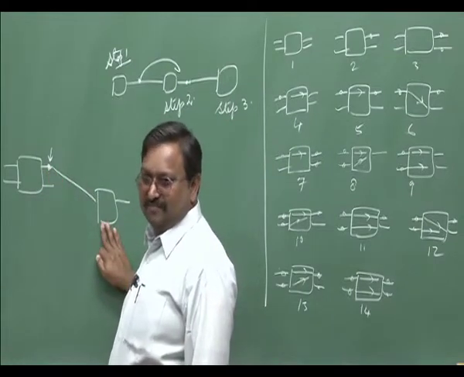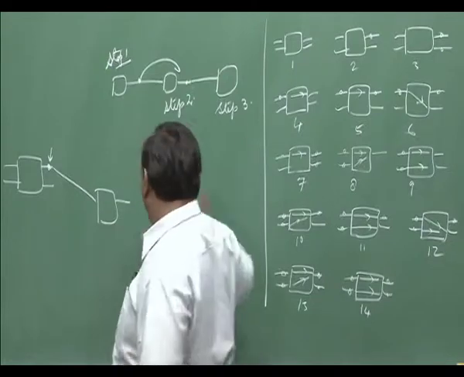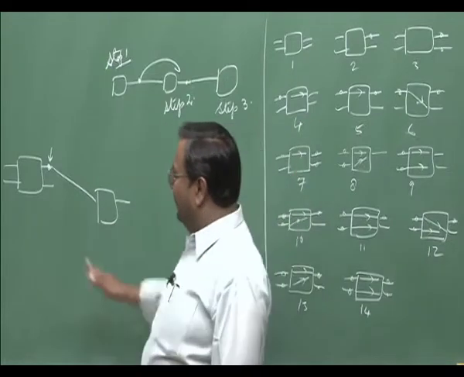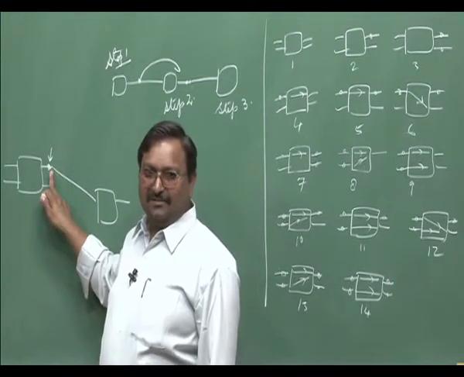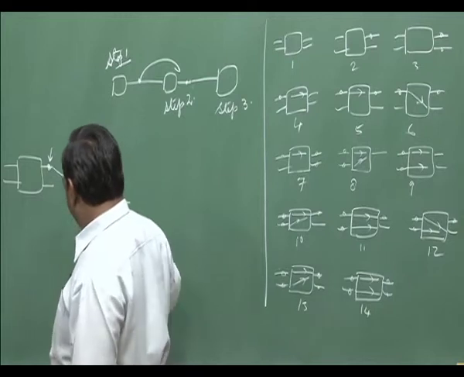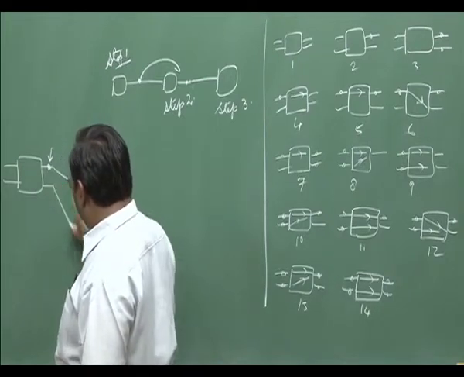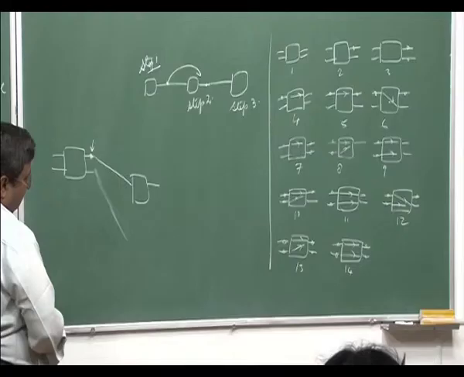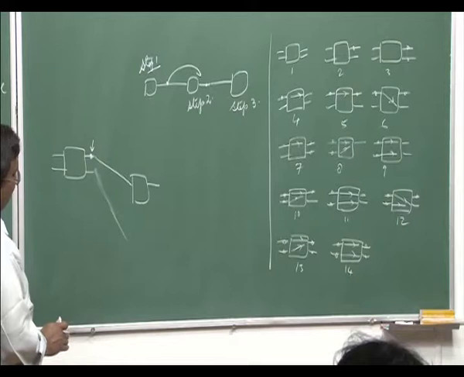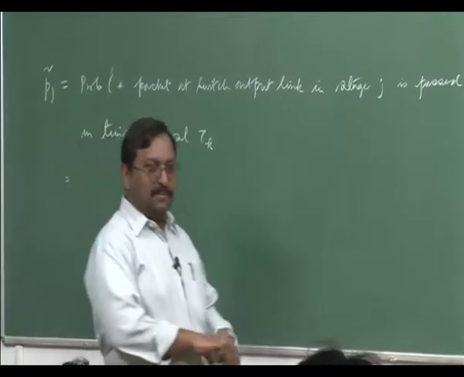So I have to look at all those possible states where there will be a packet here at the input. Because this is a conditional probability, first the packet has to be there.